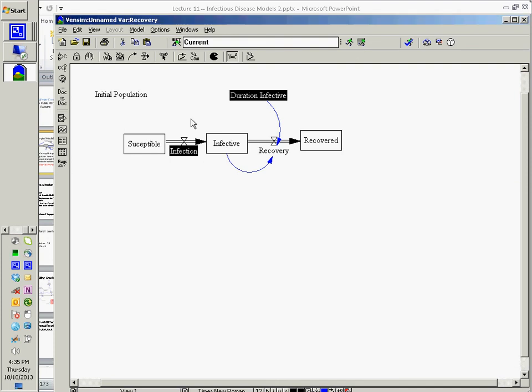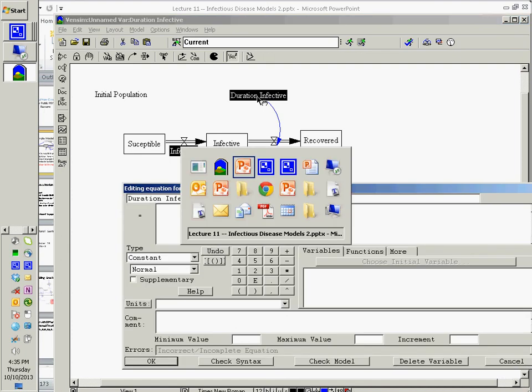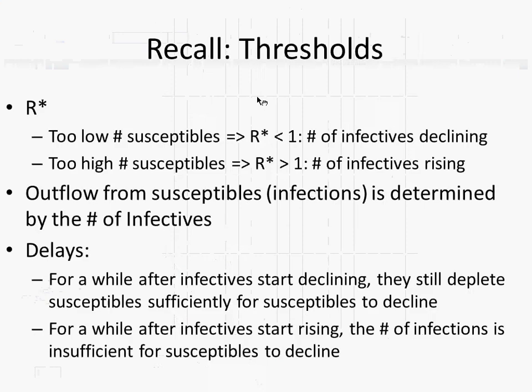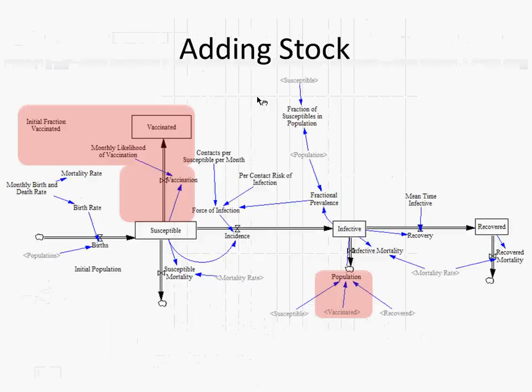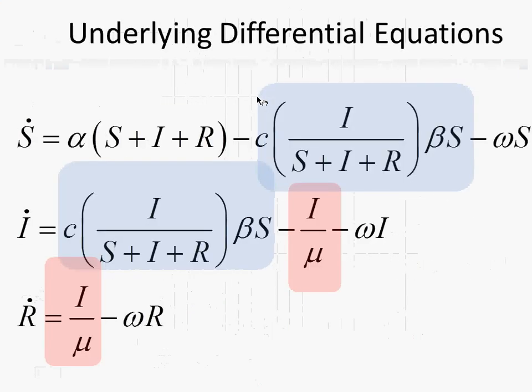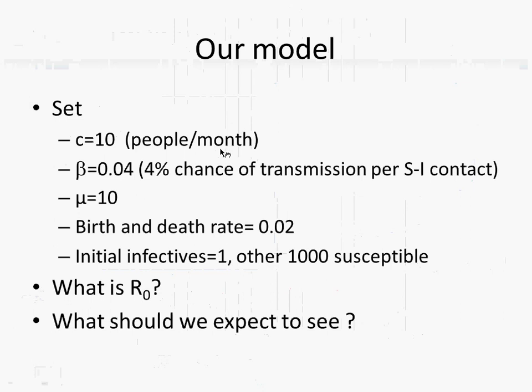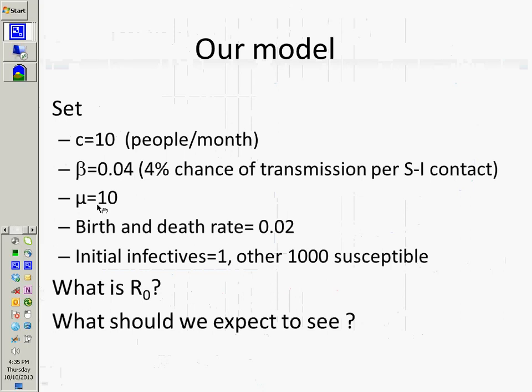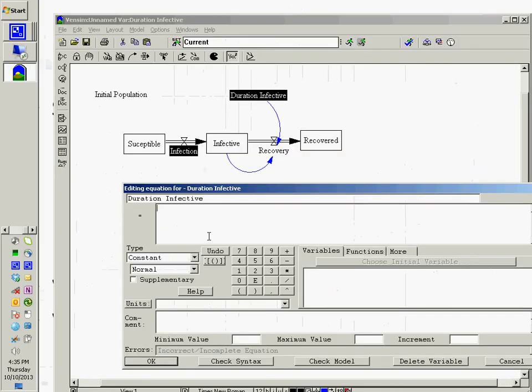So duration infective, we're going to assign that to be 10. I think that was the number I'm going to be using here. Yes, 10. It's called mu here. Mu equals 10. So let's make that duration infective 10, and for Fahad you could do 10 days, right? Yeah. Okay.